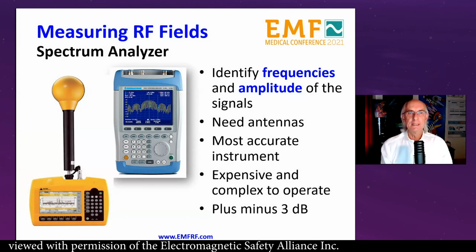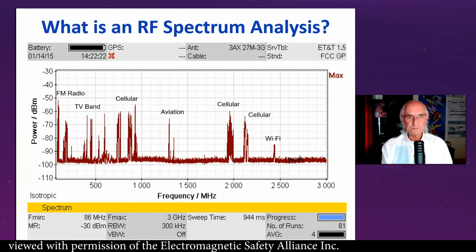To really identify what kind of RF fields are present, the spectrum analyzer is the most helpful tool. How does it work? Well, you have a scale down here, which shows you the frequency in megahertz, so 500, 1,000, 1,500, and so on. And then we have a scale of amplitude. That means the power, how much is there. Now, this is a logarithmic scale. And then we know what kind of frequencies are associated with what kind of service.